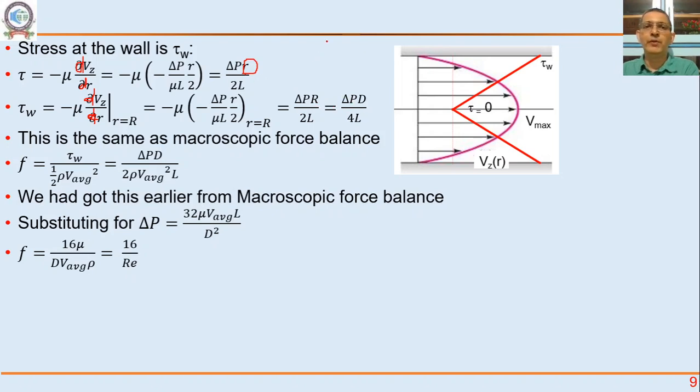Recall tau w, when we had looked at friction factor in pipes, what equation did we start with? We started with the overall force balance, delta p multiplied by pi by 4 d square. Recall those lectures when we talked about friction factor in pipe.